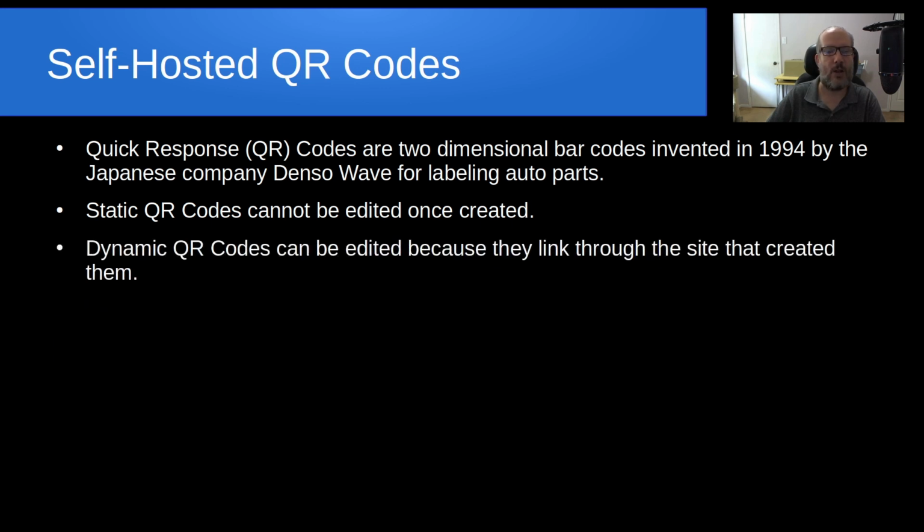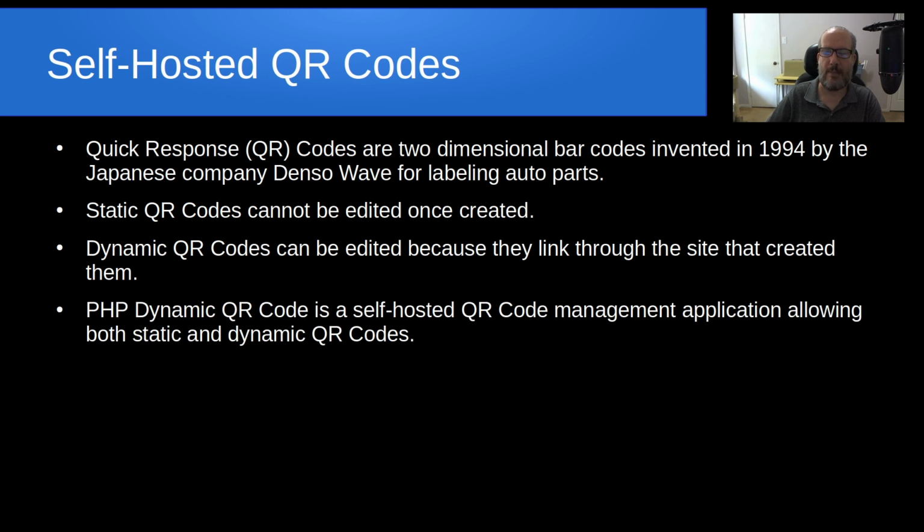However, there's something called a dynamic QR code that can be edited because they link through the site that created them. And that's one of the reasons why we want to self-host our QR code generator, not only so that we can generate codes, but so that our dynamic codes can be changed on our own site.